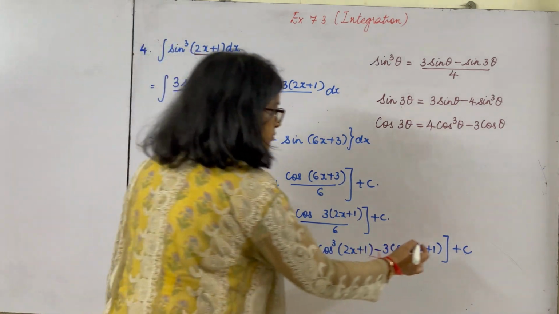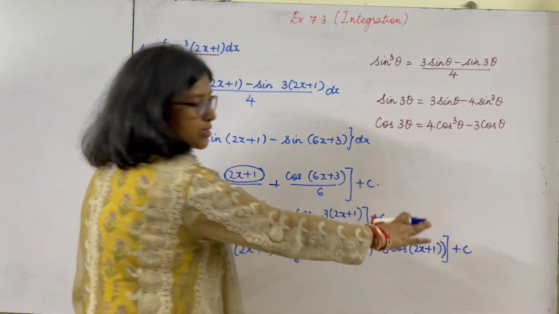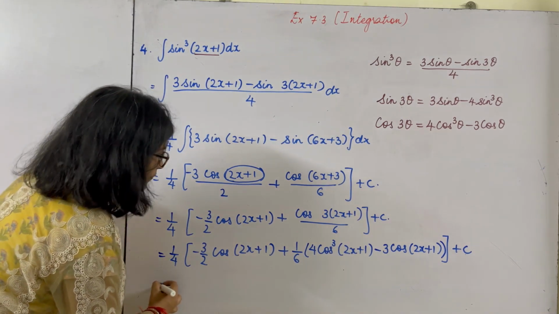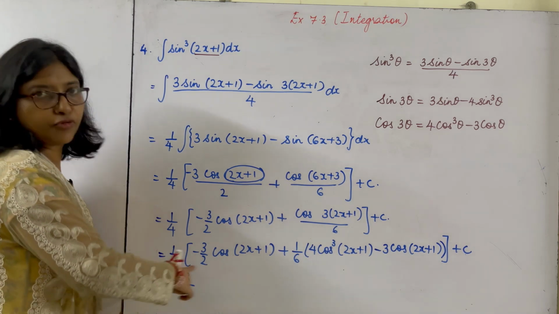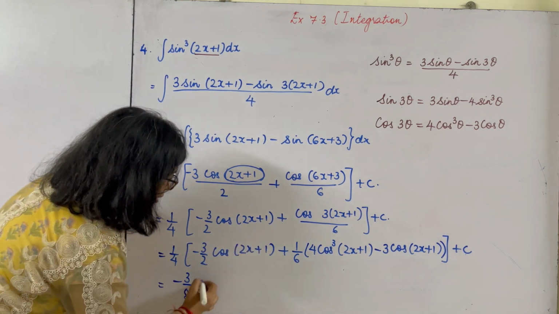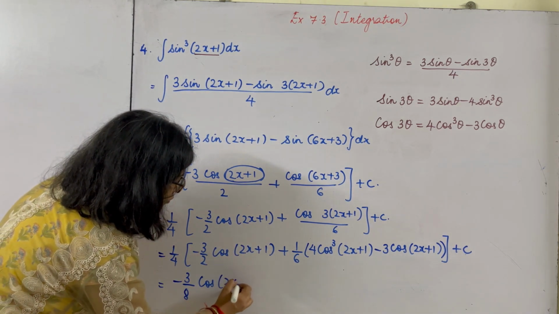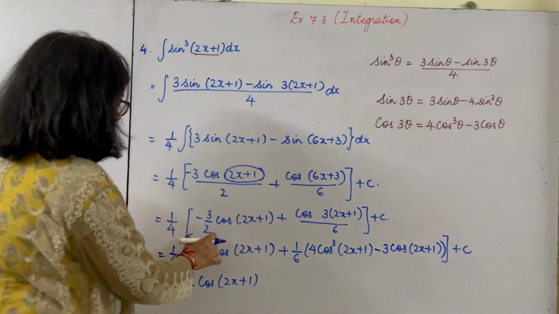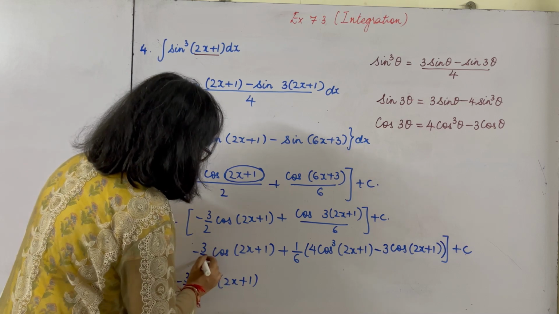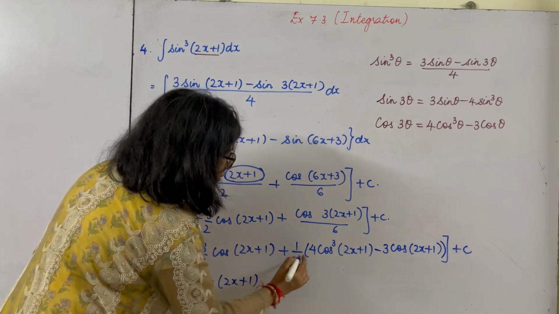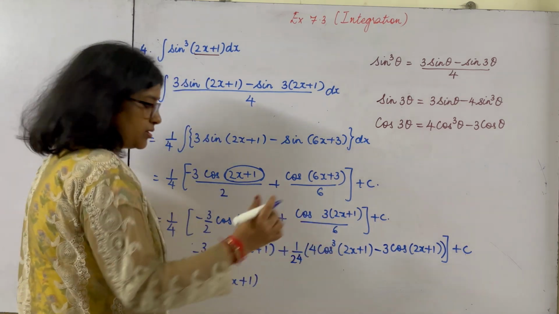We need to simplify this. 6 we will take in the bracket, and also this 1 by 4. So we have 3 by 8 cos 2x plus 1, and if we take this 4 in the bracket, we will have here 1 by 24. So let's simplify this now.